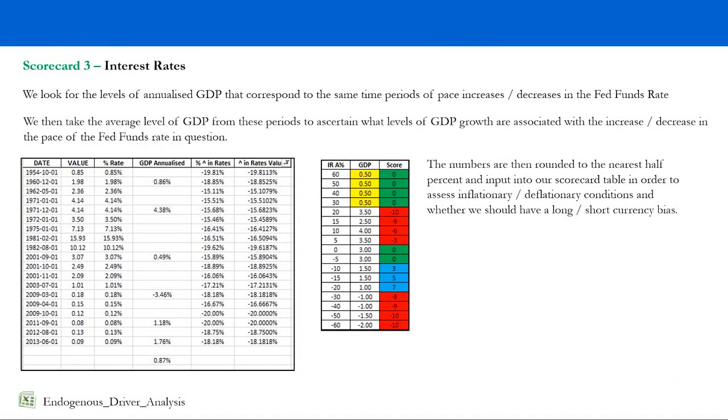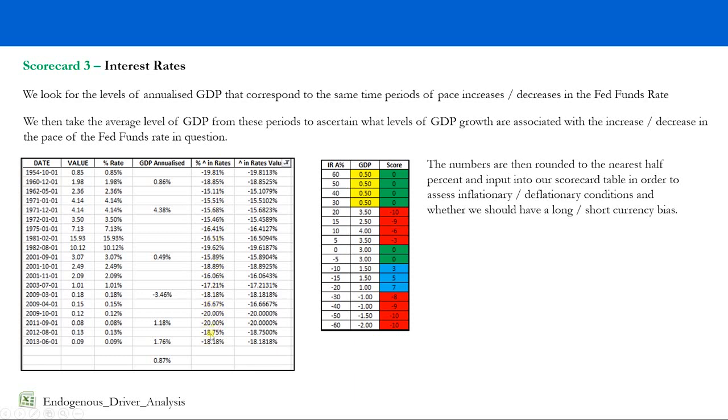We're looking for the levels of annualized GDP, so in this column here, that correspond to the same time periods of the pace increases or decreases in the Fed's funds rate here. And we then take the average level of GDP from these periods to ascertain what levels of GDP growth are associated with the increase or decrease in the pace of the Fed funds rate in question.